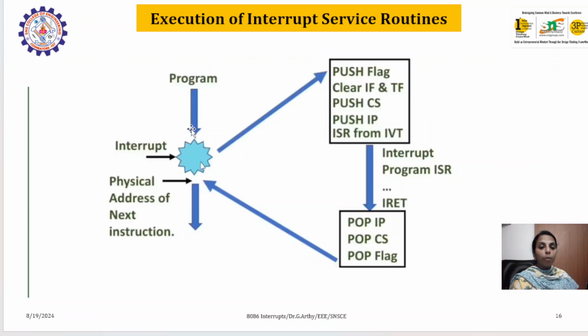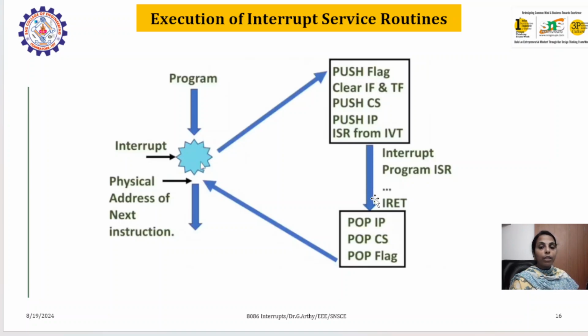When a normal main program is running, and if any interrupt comes in between, then the next physical address to be executed will be pushed into the stack. All these details, the CS, IP, IF, TF flags, will be pushed into the stack. Then the interrupt service routine from the interrupt vector table will be executed.